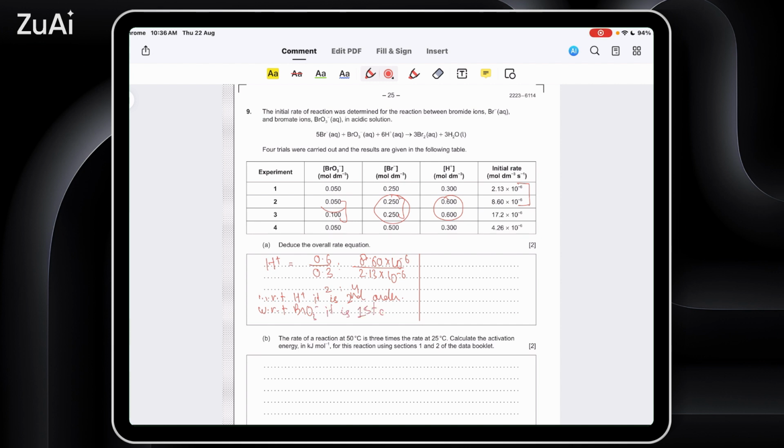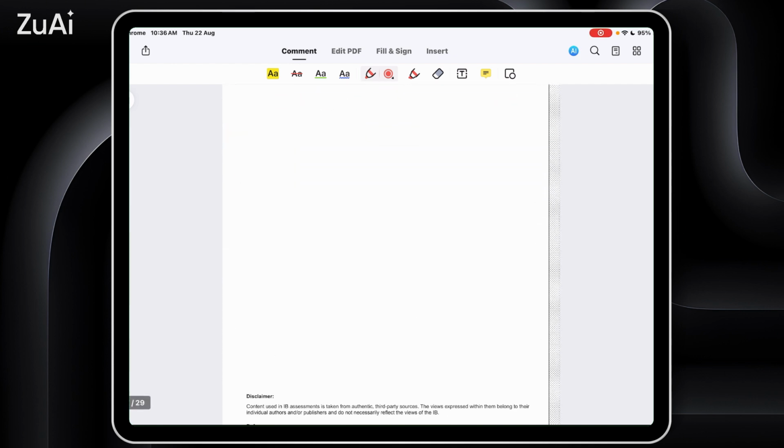The way is the same. And with respect to bromide, it is again first order. So what's your rate equation then? Rate is equal to K into hydrogen, you have to put square there, bromide and bromate as it is. That's your rate equation.